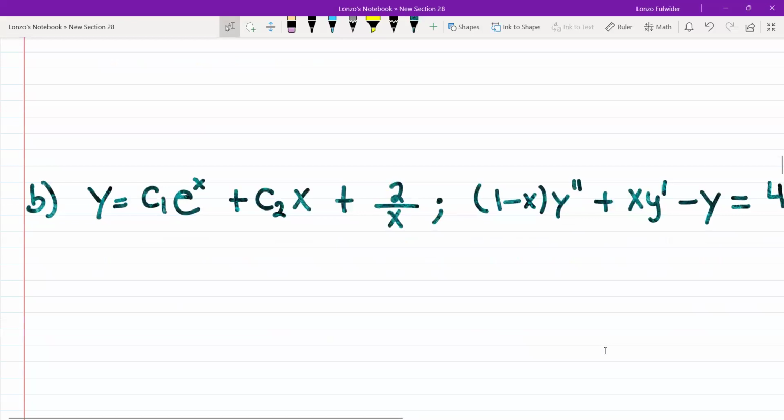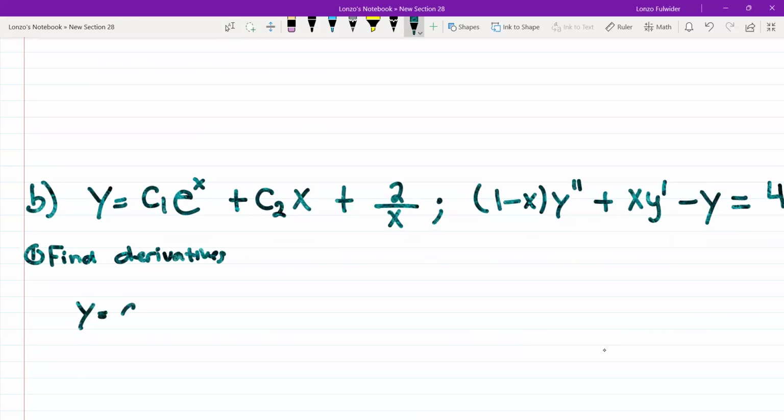Okay, so we have y equals that. So first, I'm going to find derivatives. Do you see this 2 over x? I'm going to rewrite it as a negative power. I'm going to rewrite y equals c1 e to the x plus c2x plus 2x to the negative 1, right?